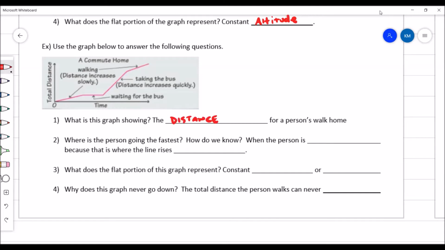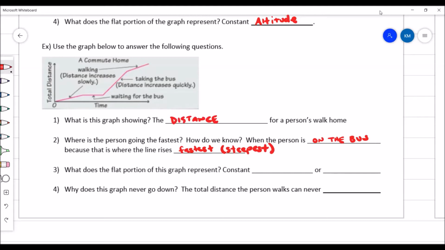The flatter the line, the slower the person here. So kind of a flat line here, kind of a steep line here. Okay, so when the person is on the bus, okay, and because that's where the line rises quickly or the fastest. And really the better way to say it is the steepest. Hope that's a word.